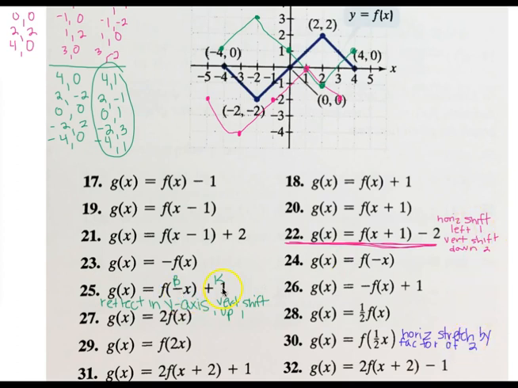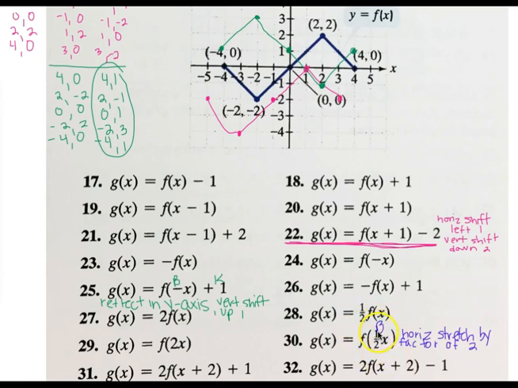I can do these first two visually. I have lots of problems when it comes to shrinking and stretching visually. So this one, I actually would prefer to use the b value. So the b value here is 1/2, and according to our overview, b values, we divide the x coordinates.